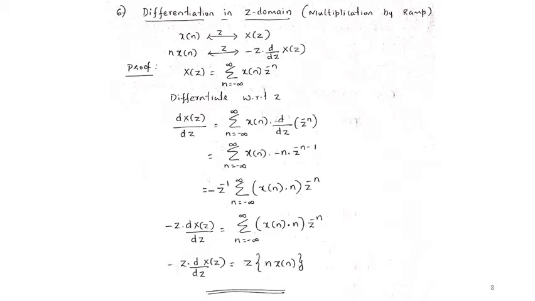And if I know the transforms of some standard signals, like u of n, delta of n, alpha to the power n u of n, then directly you know the transform of alpha to the power n u of n, which is z by z minus alpha. Then if I want a shifted version of that, x of n minus 2, I just multiply by z to the power minus 2. Similarly, you can apply different properties to the standard signals and obtain the Z transform.